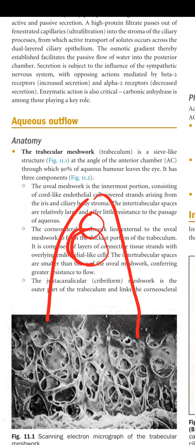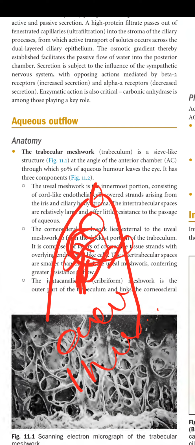Then there is the corneoscleral meshwork, and then the juxtacanalicular meshwork. So the uveal meshwork is the endothelial cells arising from the iris and the ciliary body stroma, and the spaces are relatively larger and they offer little resistance to the passage of the aqueous.